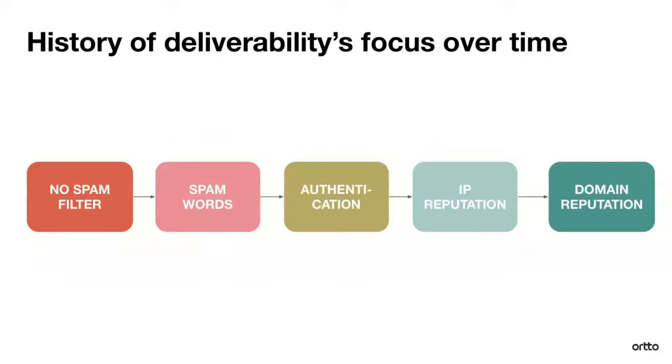So it needed to be better, which is where we are today with domain reputation. Domain reputation helps keep track of a sender and their content. This is especially done with, and has been spearheaded by, providers like Gmail and Yahoo, but it has been the best and most accurate so far.